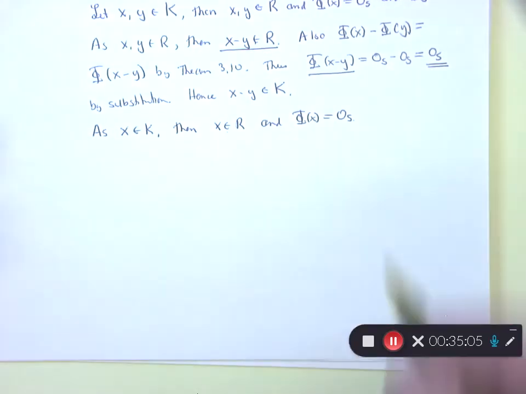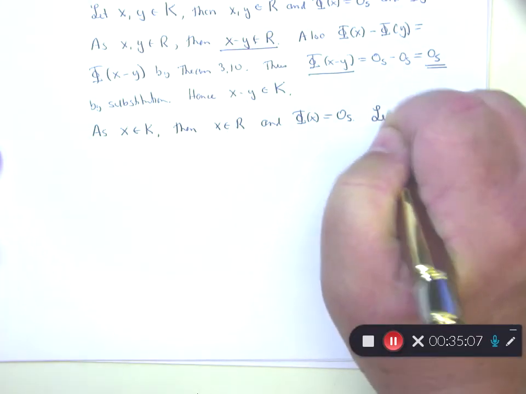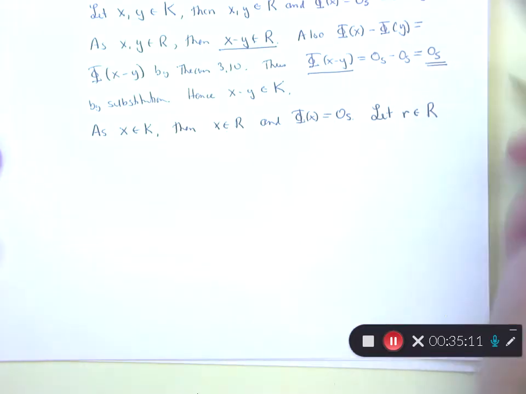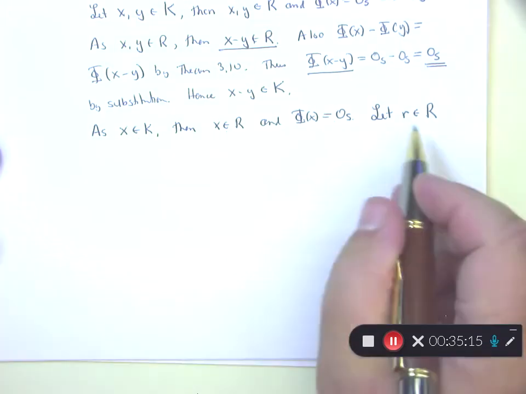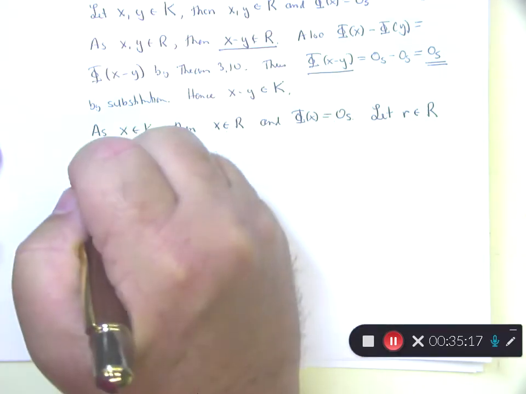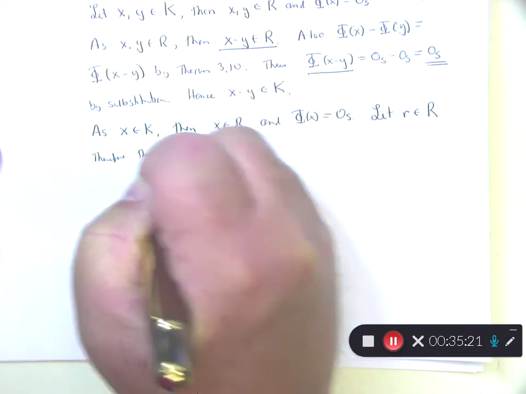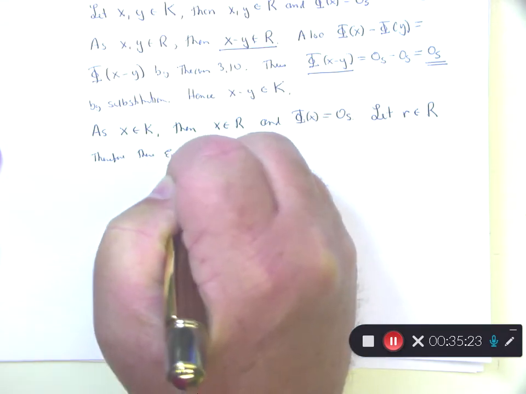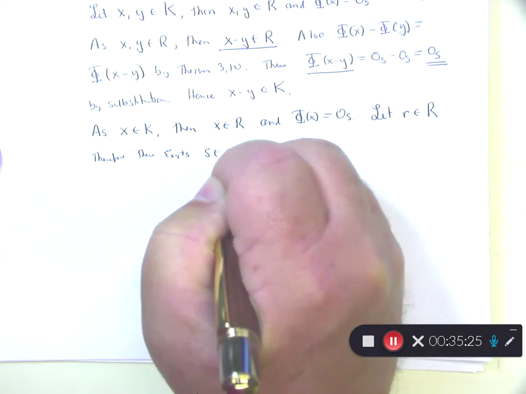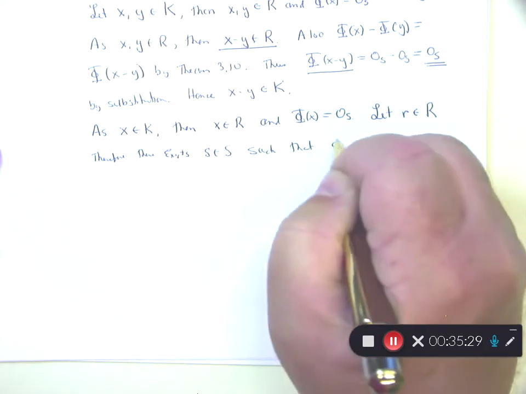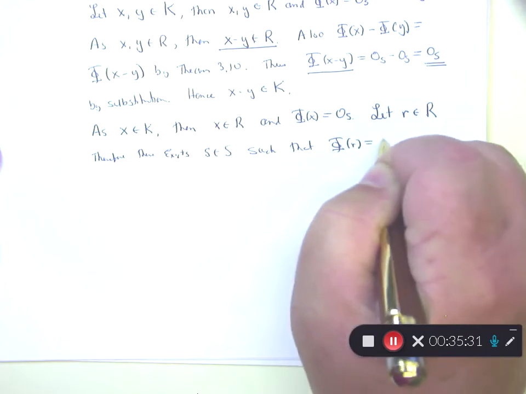So, what's more arbitrary than little r? So let little r be an element of big R. But let's see where he goes. Remember, we got a mapping. So, since he's arbitrary, there exists a little s, element of big S, such that phi of little r will be equal to little s.